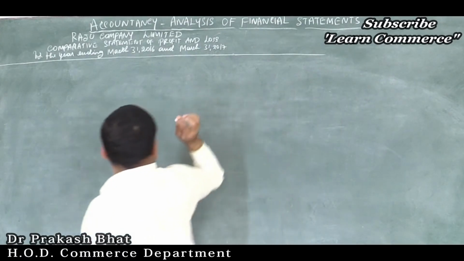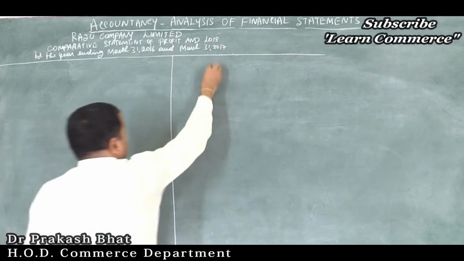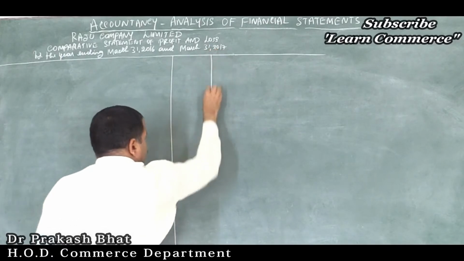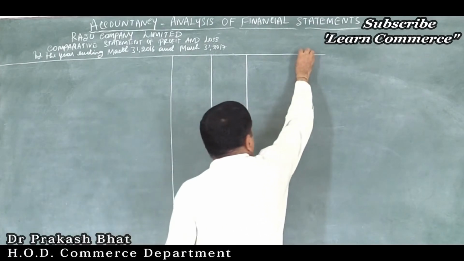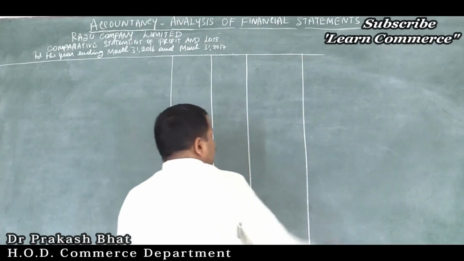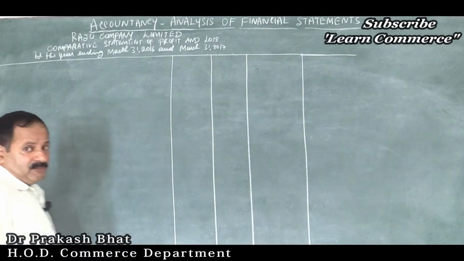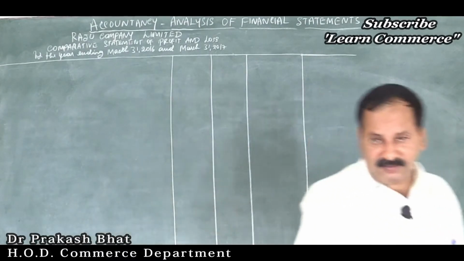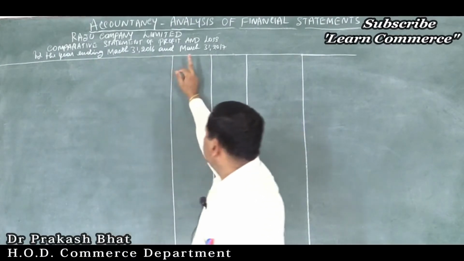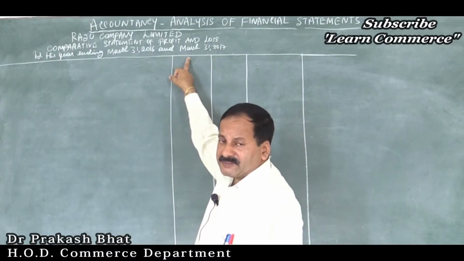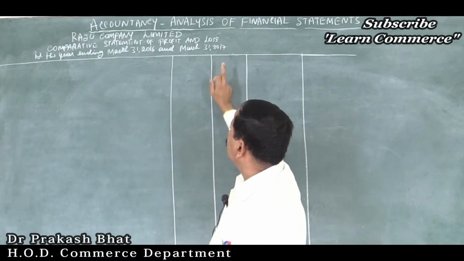Okay? Yes. Particulars. Then second column, amount in rupees: 31st March 2016 rupees, 31st March 2017 rupees.